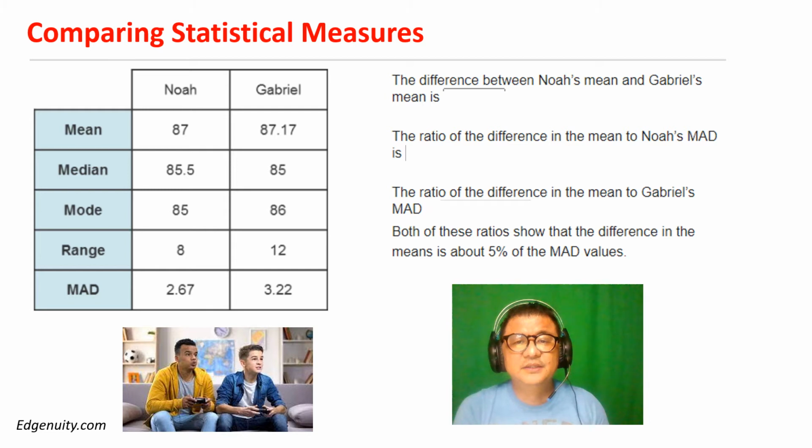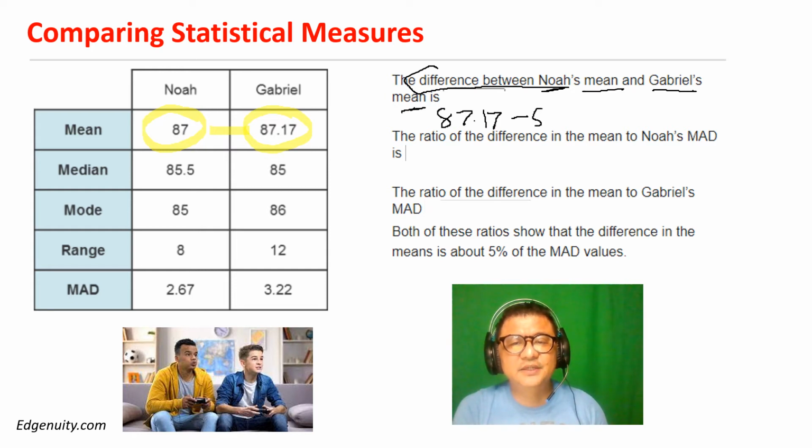Get the difference between Noah's mean and Gabriel's mean. Noah's mean is 87. Gabriel is that one. Simply subtract them. So let's do the subtraction.